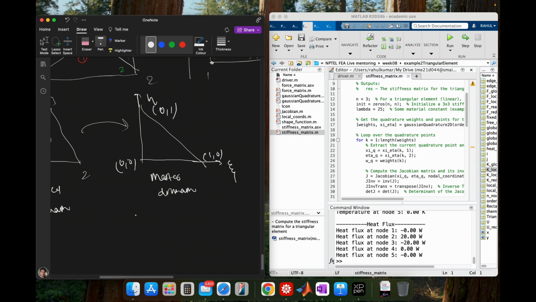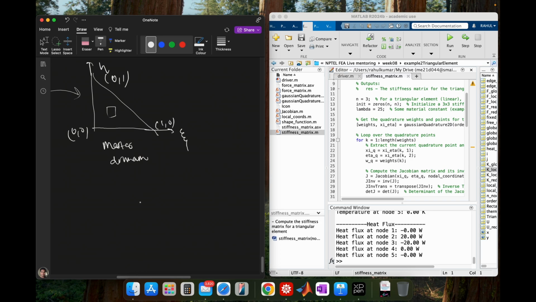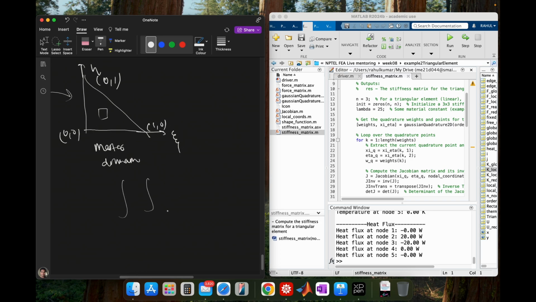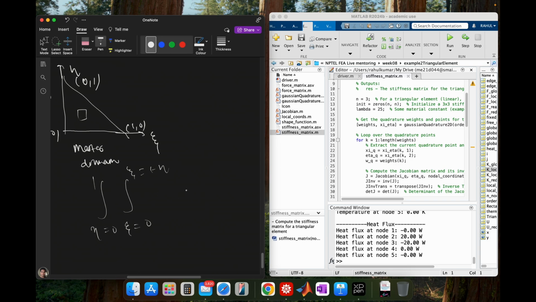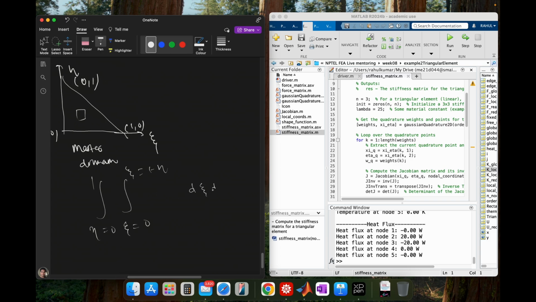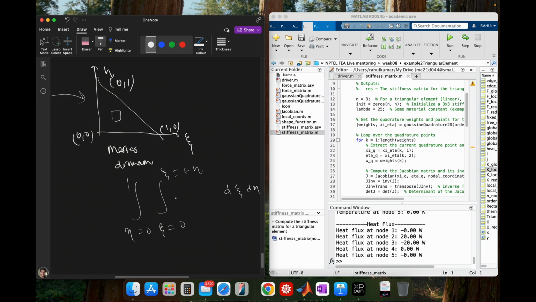Also, when you do the double integration, we have to do it like this: xi from 0 to 1 minus eta, and eta varying from 0 to 1, with d xi d eta.